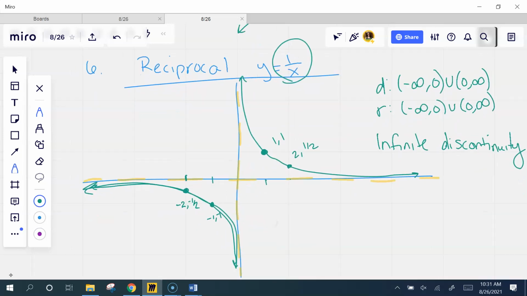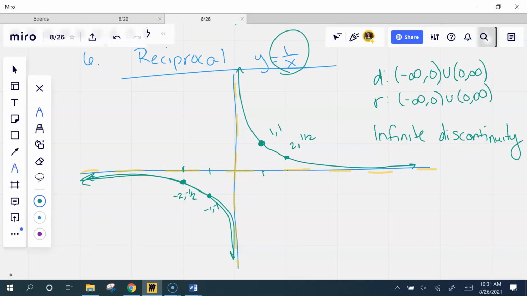Does it have symmetry? Why? You can look at it as rotational, or you can plug in that negative x.